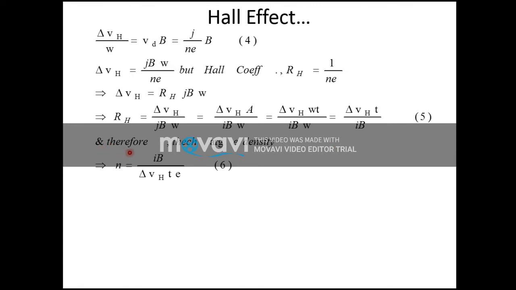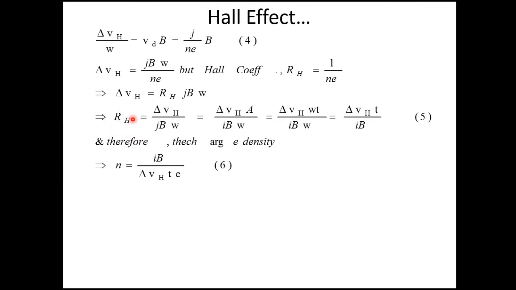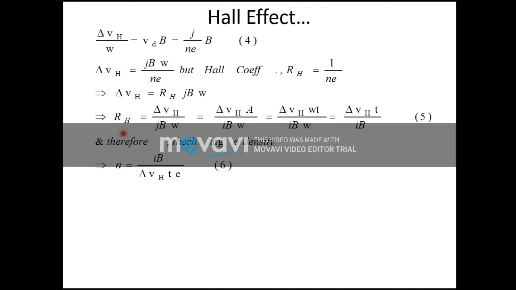And therefore the charge density will be equal to, because you know that this RH, we have written over here, RH is equal to 1 by NE. So when you are putting this 1 by NE and taking the inverse of this, NE will go up.